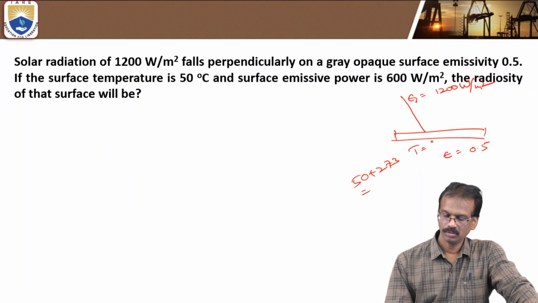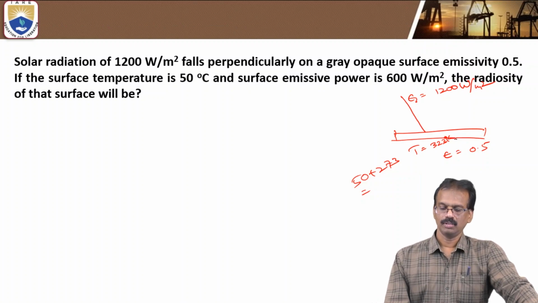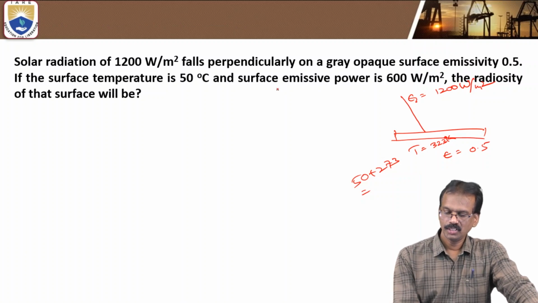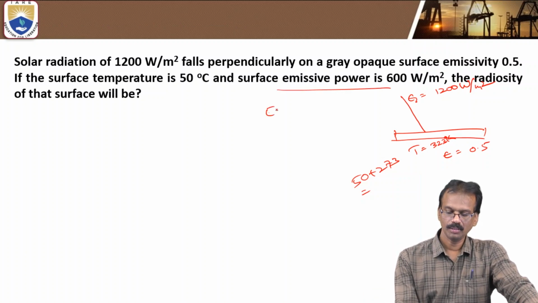So 323 kelvins. Next, the surface emissive power is also given. It means EB is equal to 600 watt per meter square.